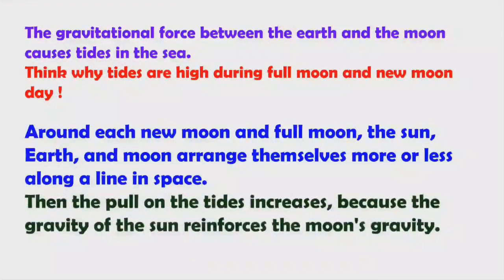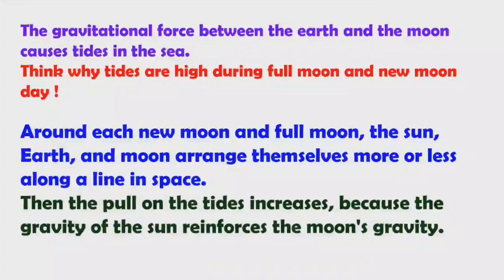Then the pull on the tides increases because the gravity of the sun reinforces the moon's gravity. That's why tides increase on new moon day and full moon day. Tides form due to the gravitational force between earth and moon.